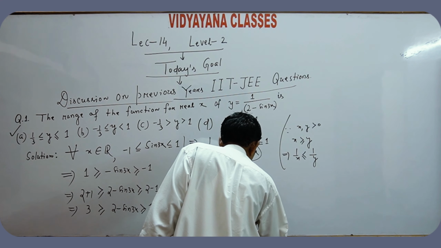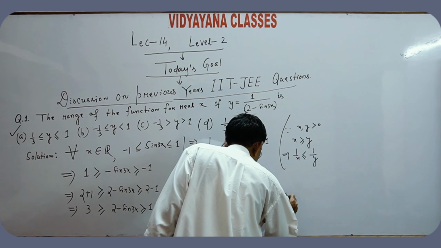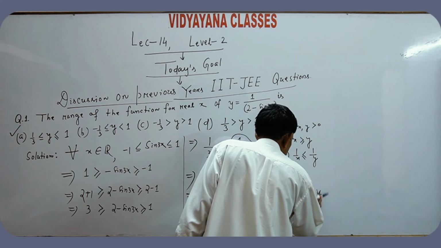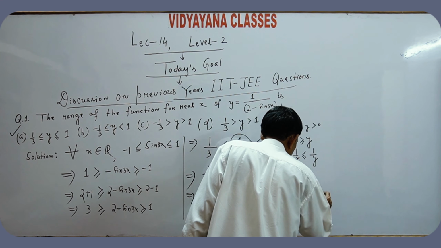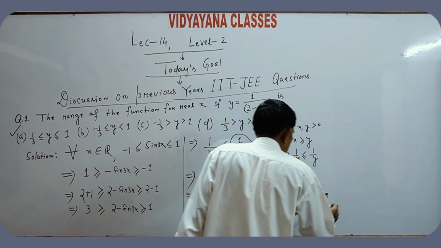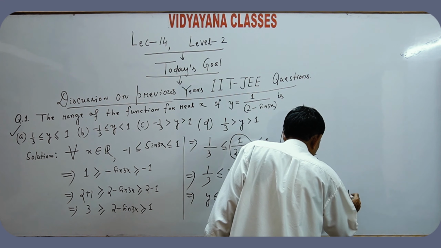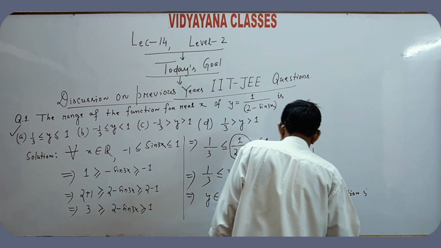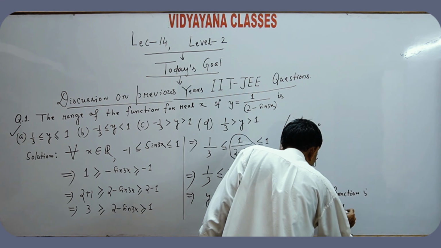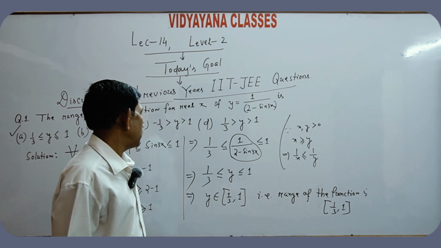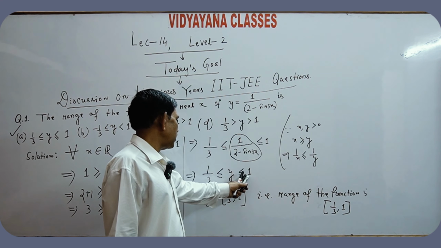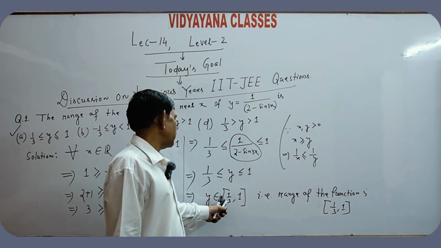That is, the range of the function is the closed interval 1 by 3, 1. y is greater than or equal to 1 by 3 and less than or equal to 1, or y belongs to the closed interval 1 by 3, 1.